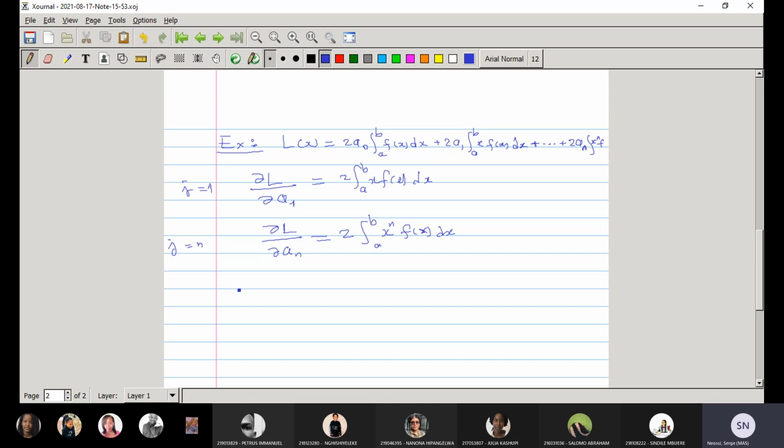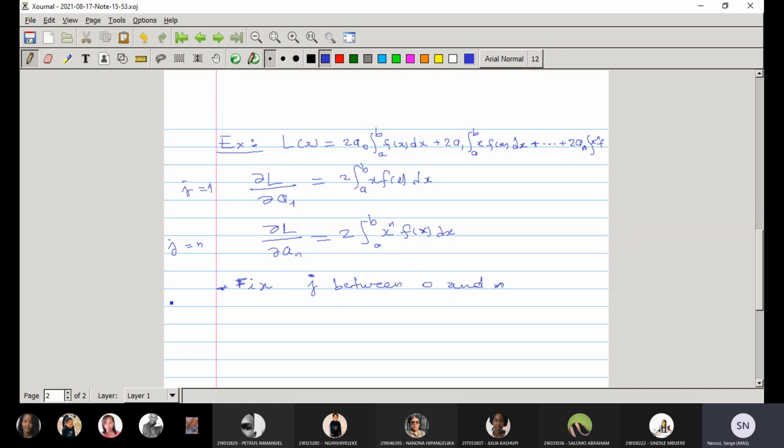So we fix j between 0 and n. So it can be 0, it can be 1, it can be anything as I did here.